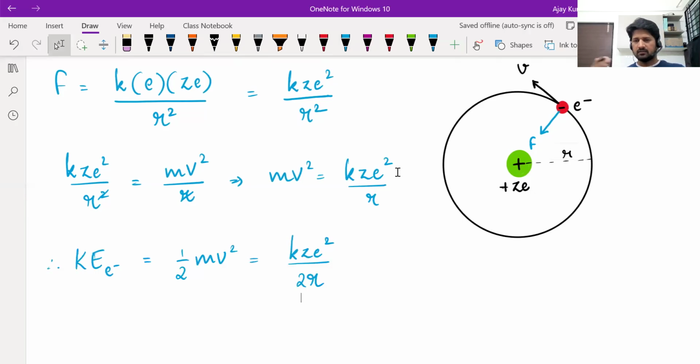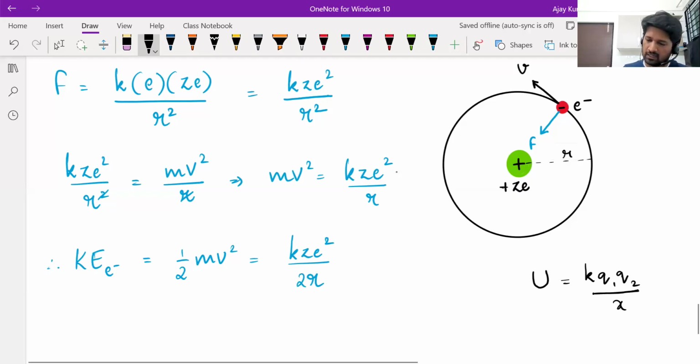Next, nucleus and electron are charged particles. Two charged particles, which are at a finite separation from each other, have a potential energy also associated with them. If the charges are Q1 and Q2, then the electrostatic potential energy between the charges is calculated as K Q1 Q2 divided by the distance between them. And in the potential energy formula, you are supposed to substitute the charges along with the sign.